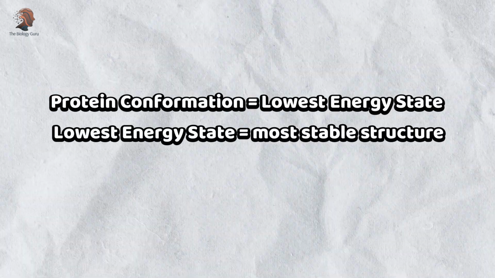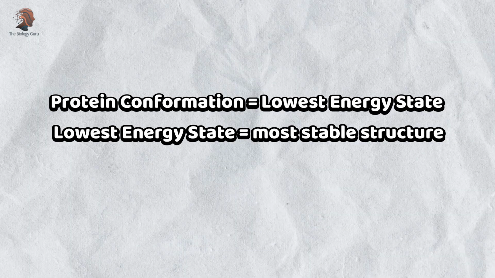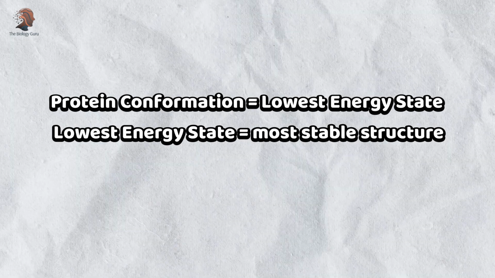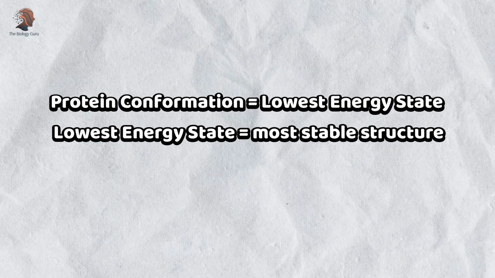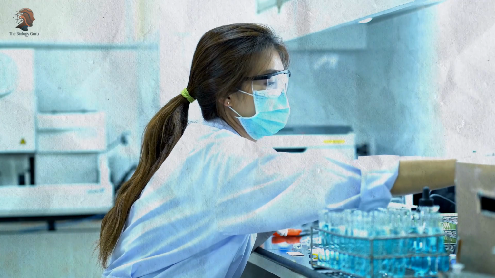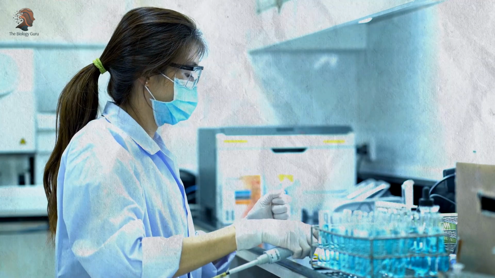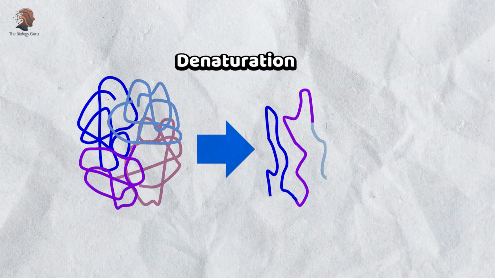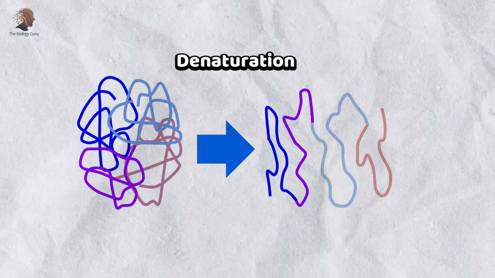Proteins naturally fold into the conformation that minimizes their free energy, driven by the specific sequence of amino acids in the chain. This lowest energy state is generally the most stable three-dimensional structure of the protein. Biologists have demonstrated this process by studying proteins in a test tube. When treated with solvents that disrupt non-covalent interactions, proteins unfold or denature, losing their natural shape.